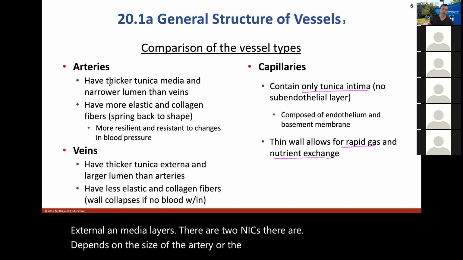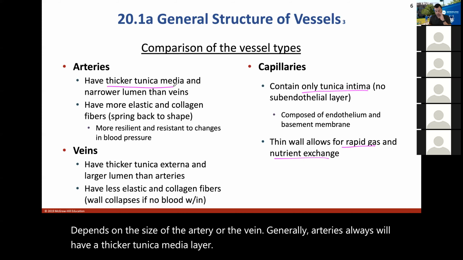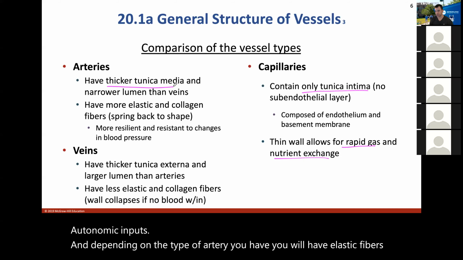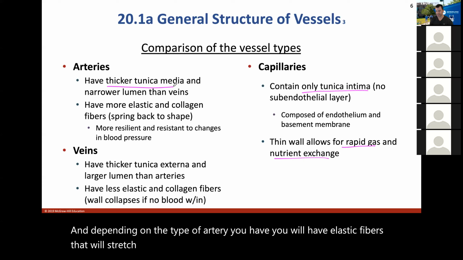Generally, arteries always will have a thicker tunica media layer, so they are going to be much more affected by autonomic inputs. And depending on the type of artery, you will have elastic fibers that will stretch when accepting a large volume of blood.